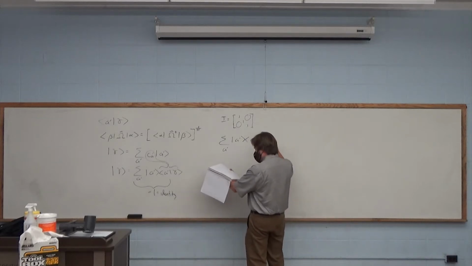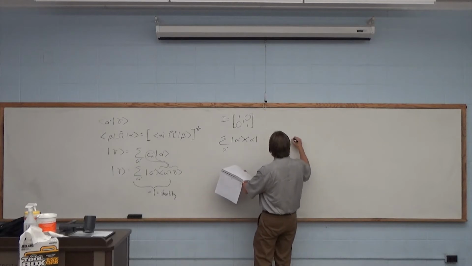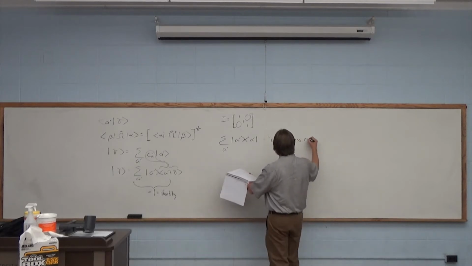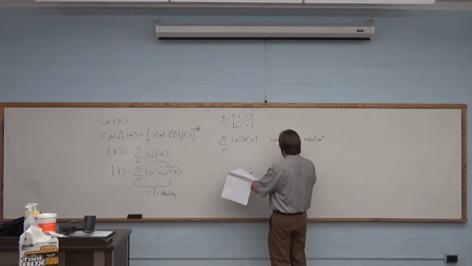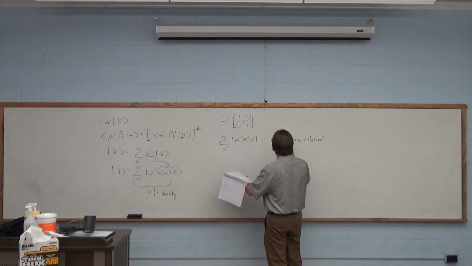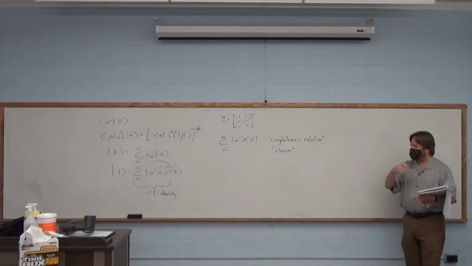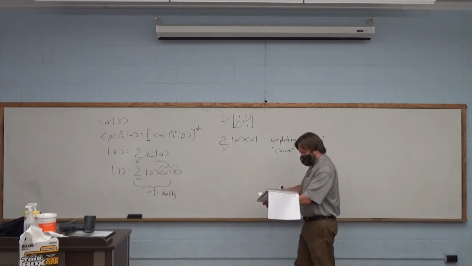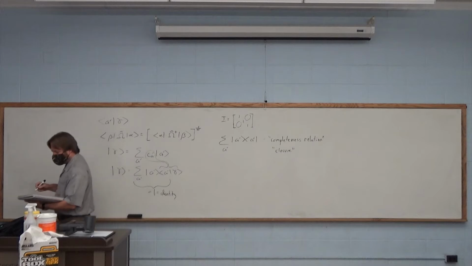I want you to know the terms. It's also called the completeness relation. We have multiple words for the same thing, but you need to know what they are in case you run into them. Completeness relation, closure. I'm not testing you on that.